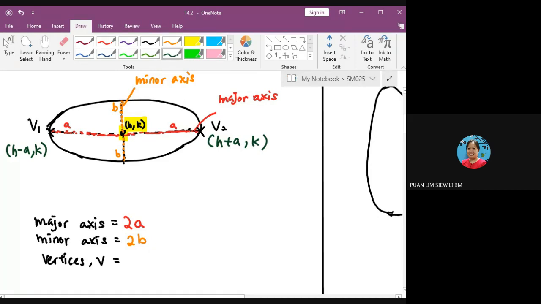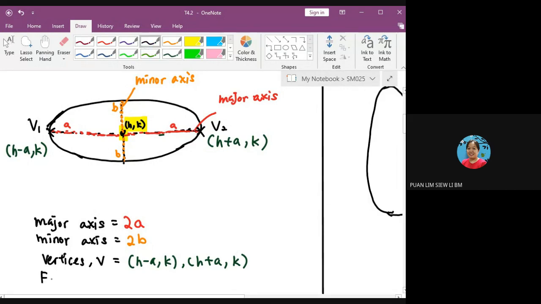Ke kanan, tambah. Tambah apa? Tambah nilai A lah sebab ini jarak dia. Ini tolak apa? Tolak nilai A lah sebab itu jarak dia. Nilai koordinat Y tak berubah sebab kita tengah buat kiri kanan, anjak kiri kanan like your translation masa form 4 tu. So, vertices kita ada dua, iaitu sama ada yang di kiri punya H tolak A, K ataupun H tambah A, K.